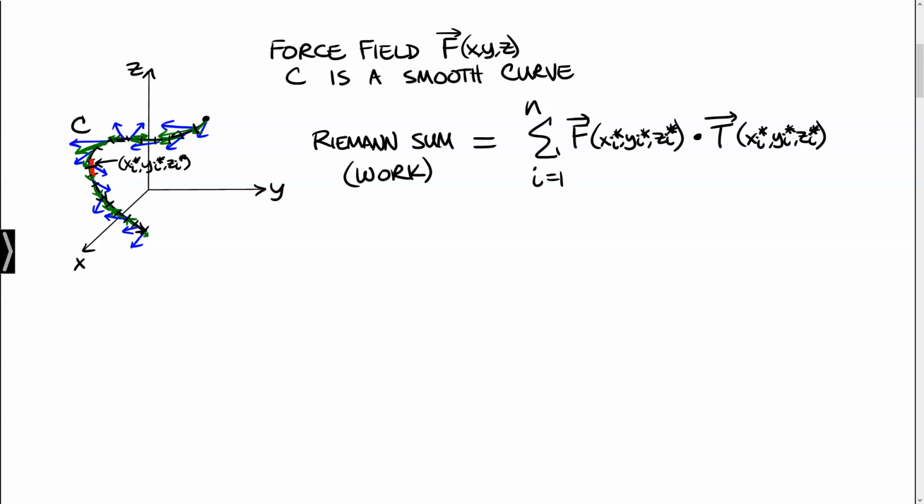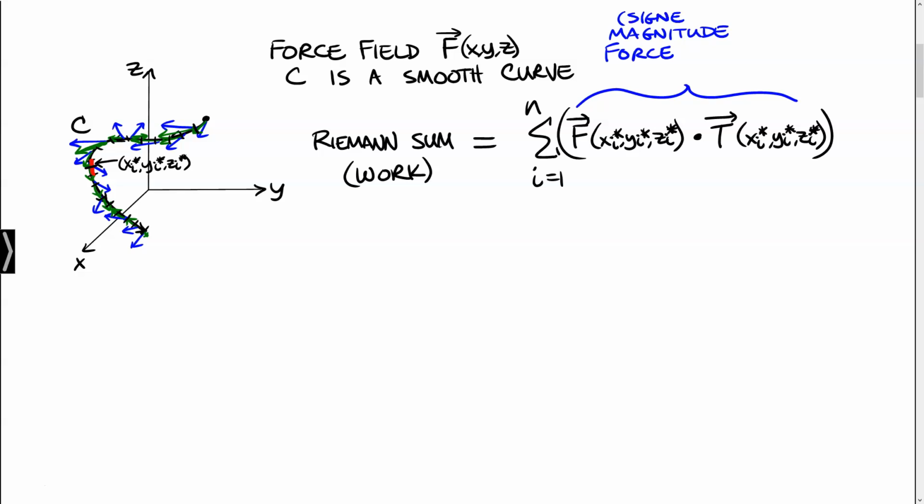But the definition of this, I just get the force field dotted with the unit tangent, and I need to integrate that with the little distance. So this is representing, just to be clear, this dot product here is the force. I should say it's the magnitude of the force. Really, it's the signed magnitude.